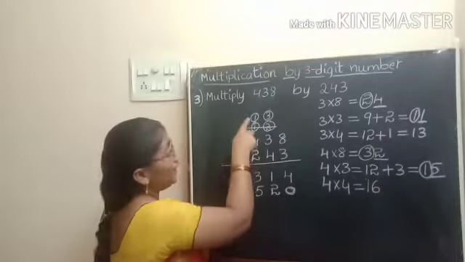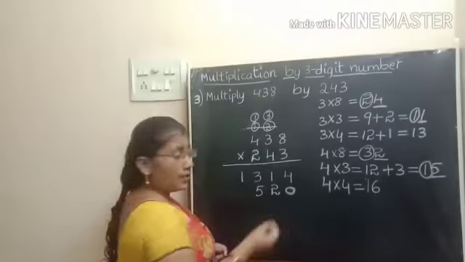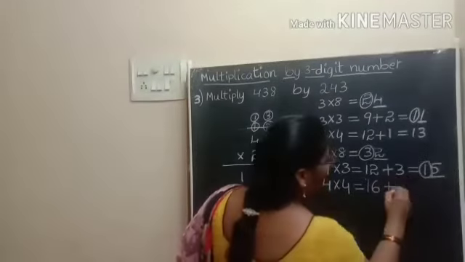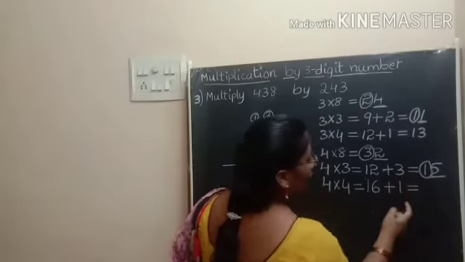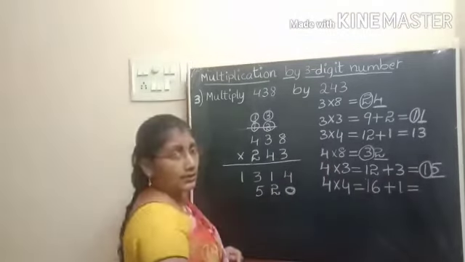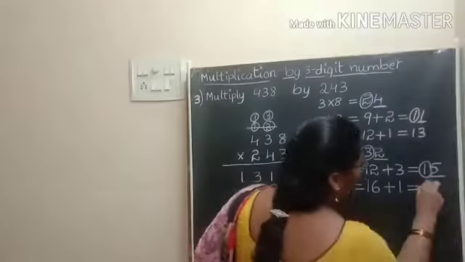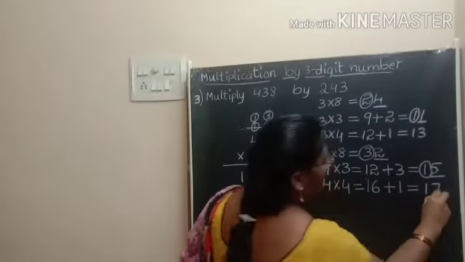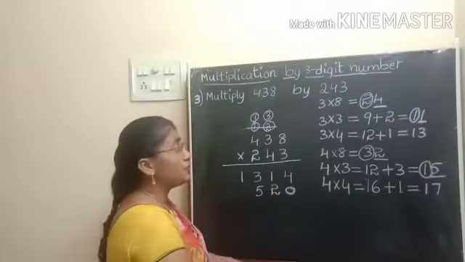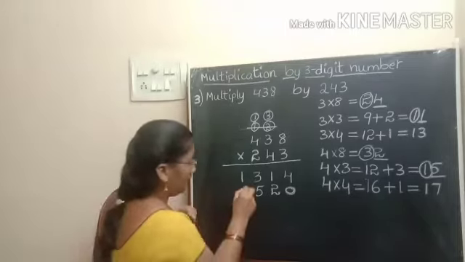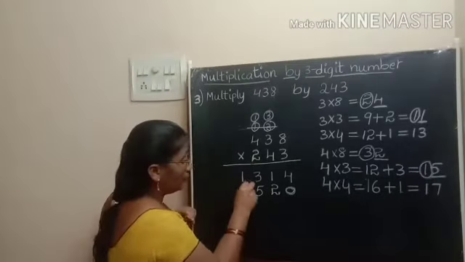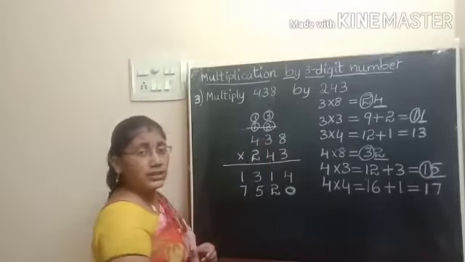But we have 1 as carry. We have to add 1 with the result. So 16 plus 1 is 17. But we have to write 7 here. And we have to pass 1 as carry to the next place.